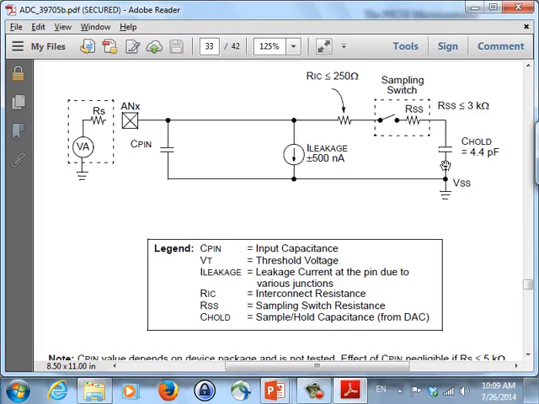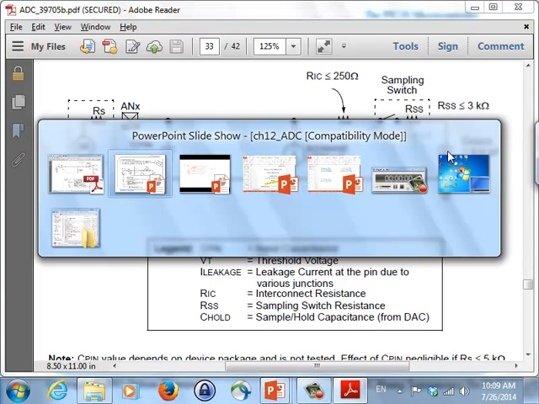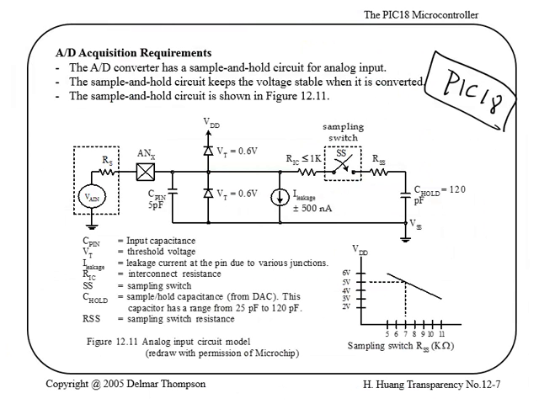They all read off of this C-hold capacitor, so your input signal could go up and down. You're going to be oblivious to any changes that you see there. You're only going to work on this C-hold thing right here. Okay, and this figure, as I said, is copied from your PIC 18, and essentially, it gives you the C pin value, and it talks about these threshold voltages and so on.